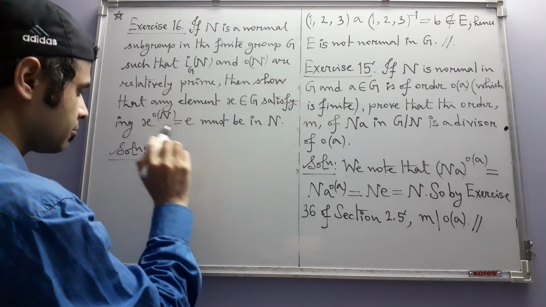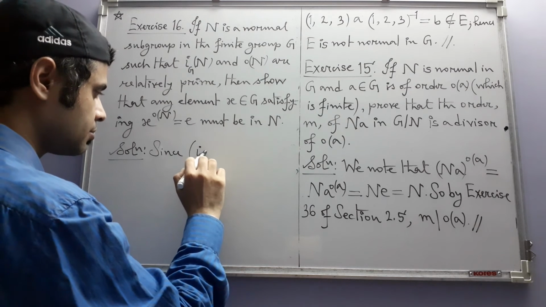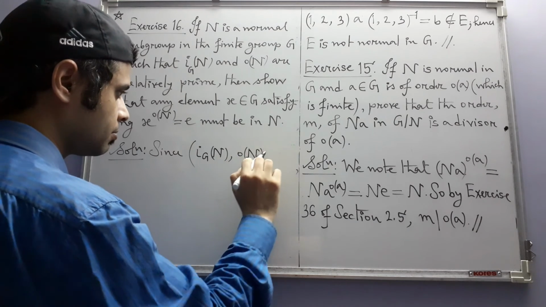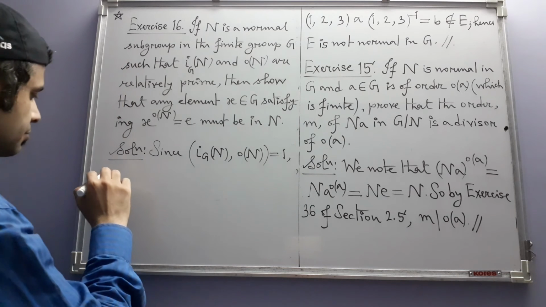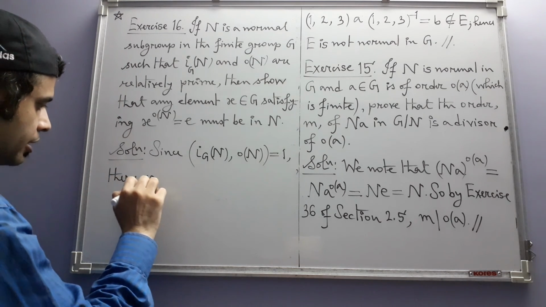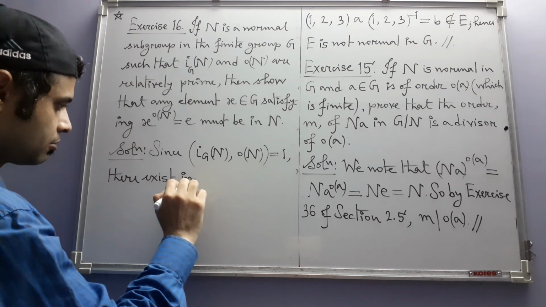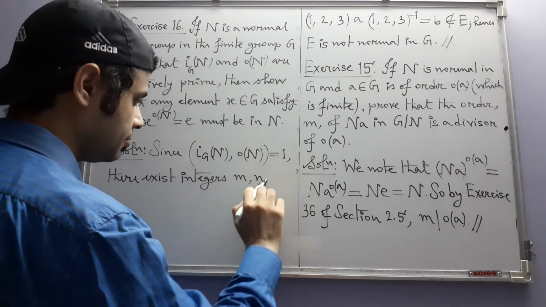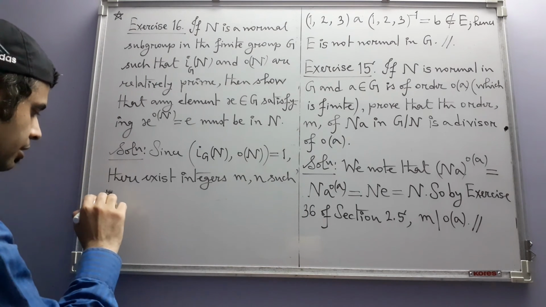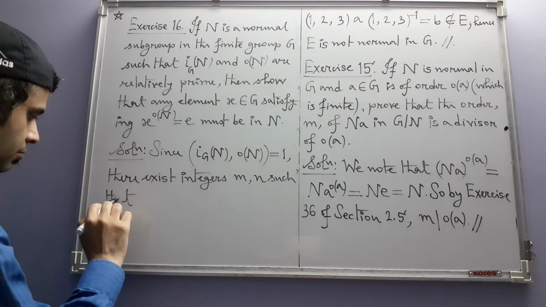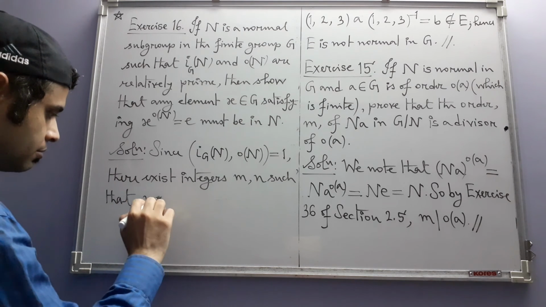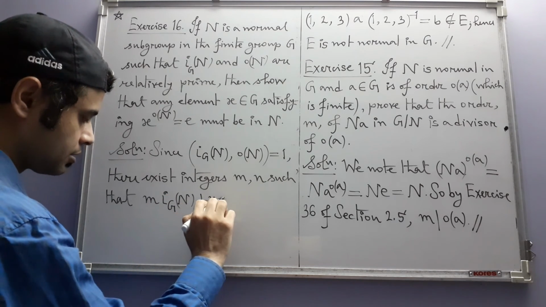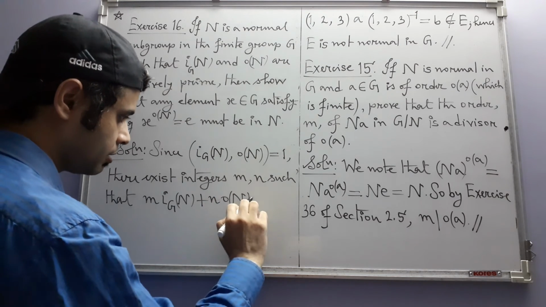Since the GCD of the index and the order of N is equal to 1, there exist integers m and n such that m times the index of N in G plus n times the order of N equals 1.